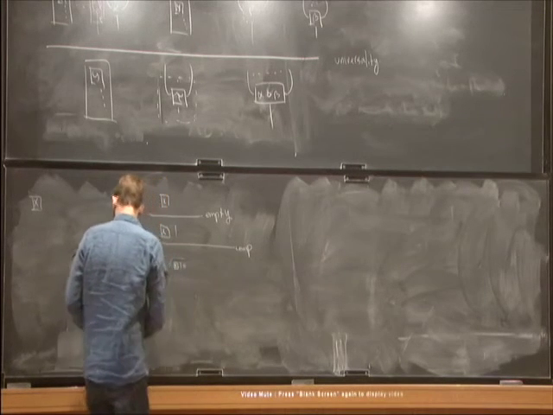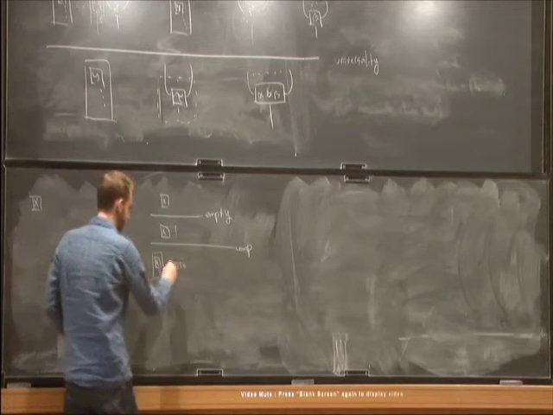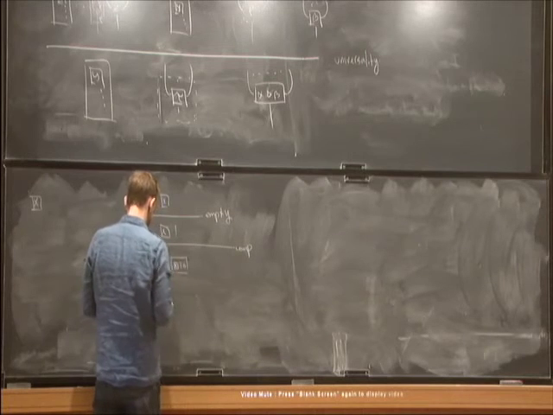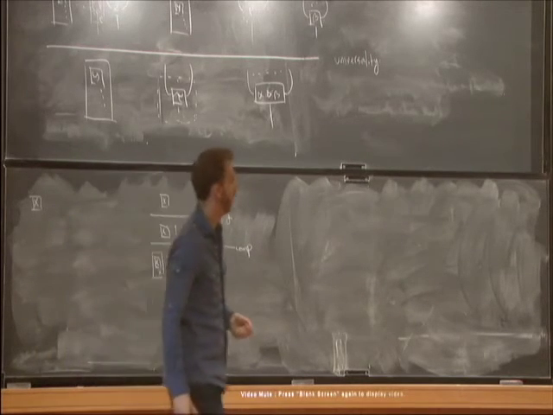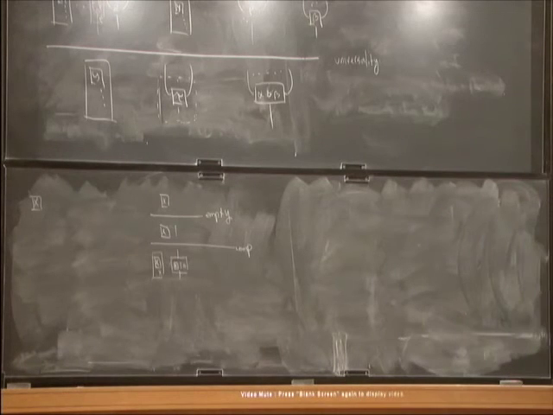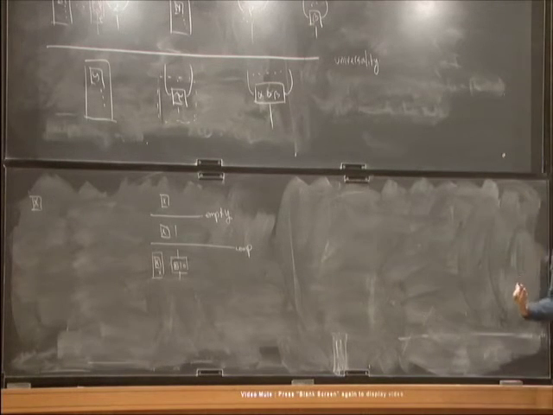Okay, so there's one thing I forgot to say. This one will be universal, and I have to tell you why. There's two rules, this one and this one, which I'm going to say preserve universality.